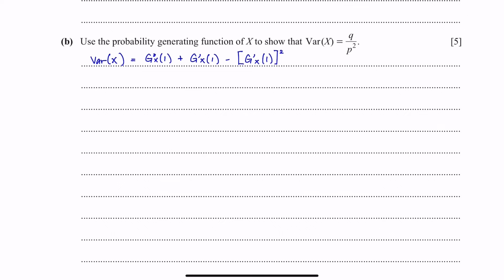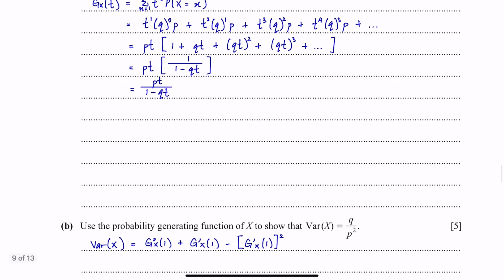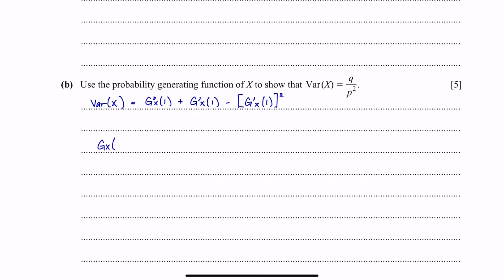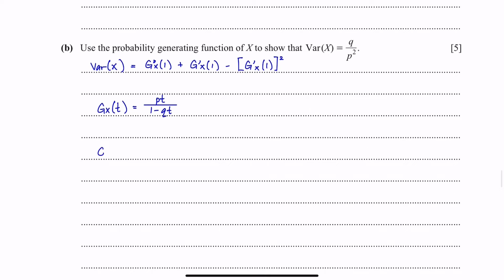So we would first need to find G prime t from G(t). So G(t) is pt over 1 minus qt. So G prime t is just the differentiation of G(t), which is (1 minus qt) times p minus pt times negative q, over (1 minus qt) squared.